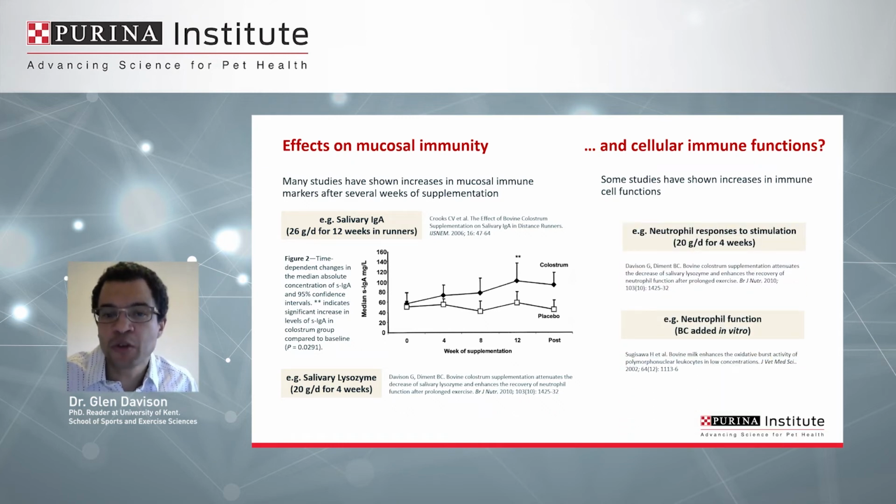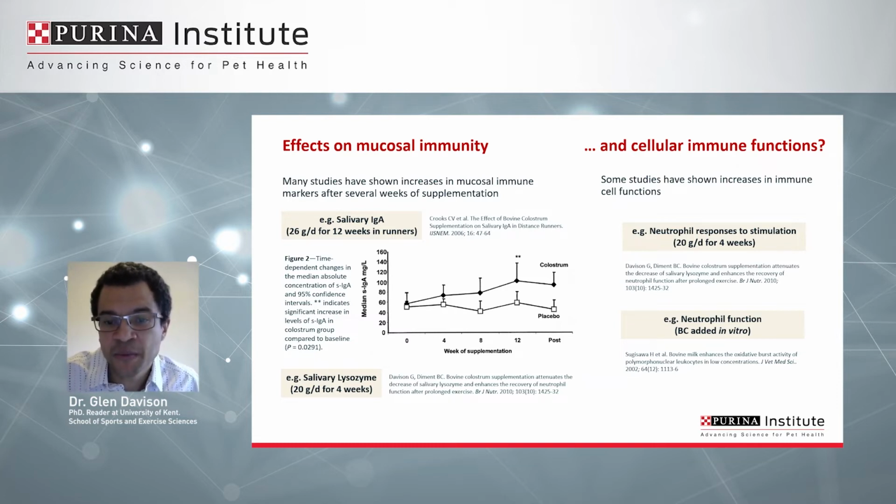Other aspects of immune function, so if we now look at the functioning of immune cells and how well they respond to stimulation and basically how effectively they do their job, there's been some research showing that they are also benefited in individuals who have consumed daily bovine colostrum. So again, the Davison and Diamond study here is the same study as the one referenced on the bottom left of the screen.